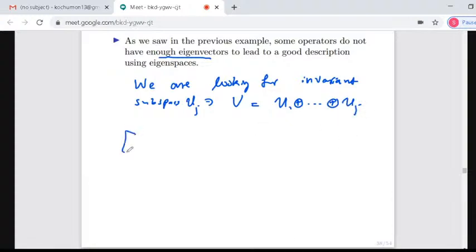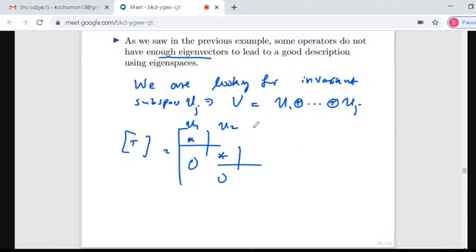Because in this case, if U1 up to Uj are invariant subspaces, the matrix of T can be written as follows. You write a basis of U1 here, so you get something here and a 0 here. You write a basis of U2 here; since it's invariant, it will map only to U2. You get something here, then 0 everywhere else, and so on. You take Uj, you write a basis of Uj here, then you get 0 elsewhere, and you have something here.